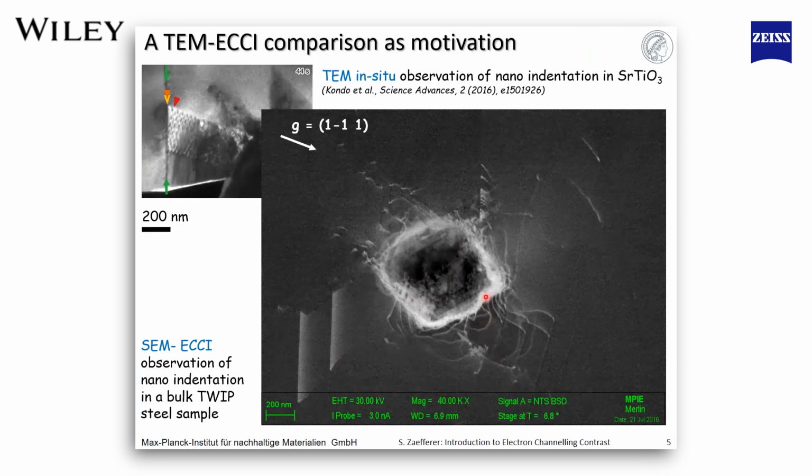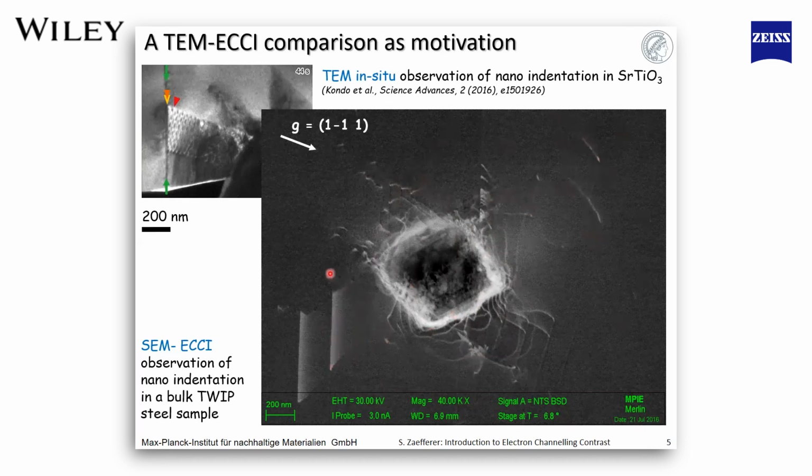And what we see here, all these white lines are actually dislocation lines, which have been created by the indentation into this material. Here is one source of dislocations emitting loops. Here is another source emitting loops on this slip system. Here are individual dislocations, some of them far out of the indentation.